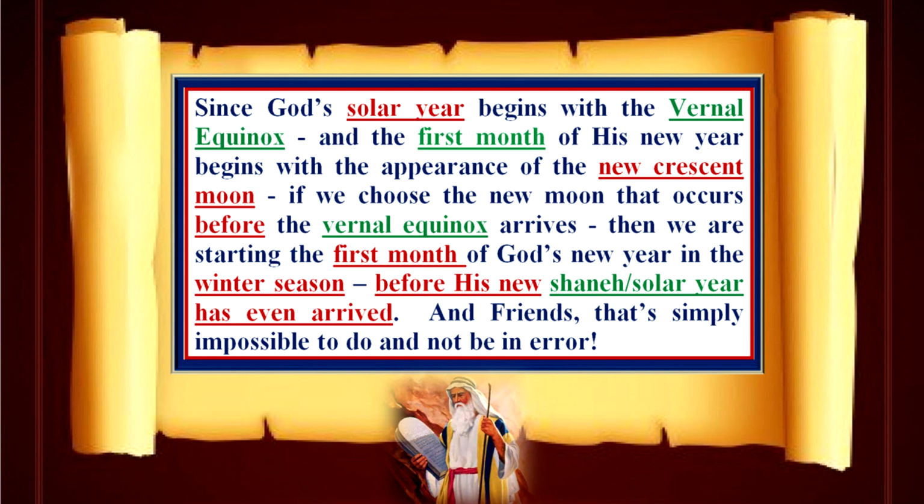We are starting the first month of God's new year in the winter season before his new Shana solar year has even arrived. And friends, as I said earlier, that's simply impossible to do and not be an error, as we talked about in the last segment.